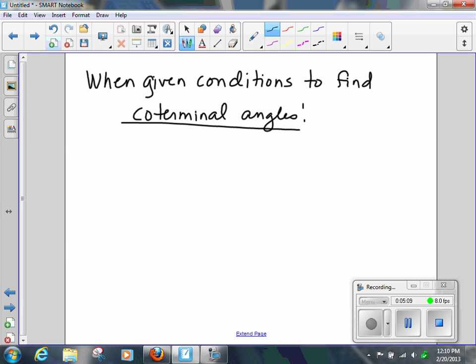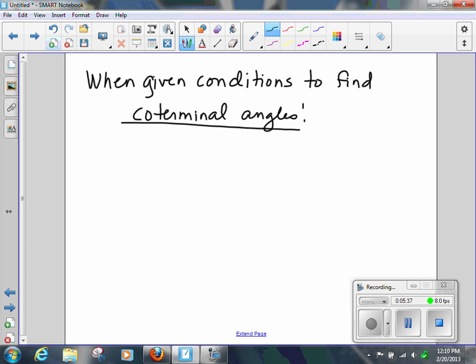So you're going to have constraints, rules that you have to follow. If we're talking 360, how many times can I rotate an angle? Seriously, how many times can I rotate any angle? Just once? If you're not given any conditions, how many times can I rotate an angle? An infinite number. I can rotate it however many times I want to, right?